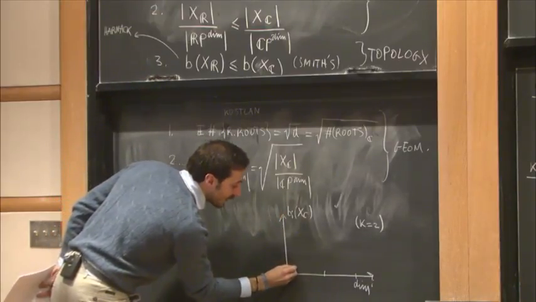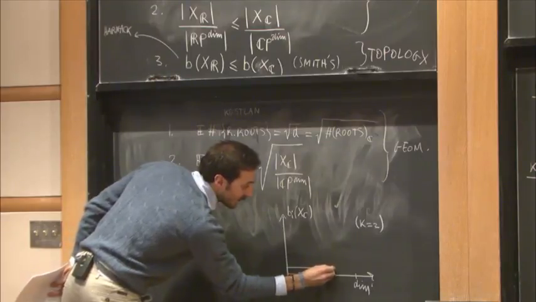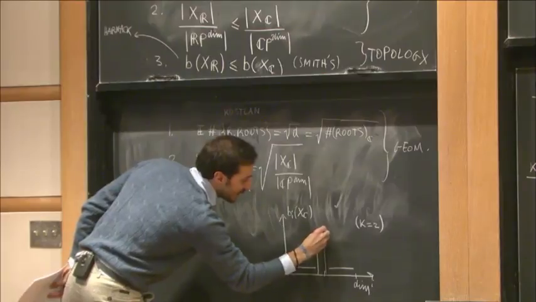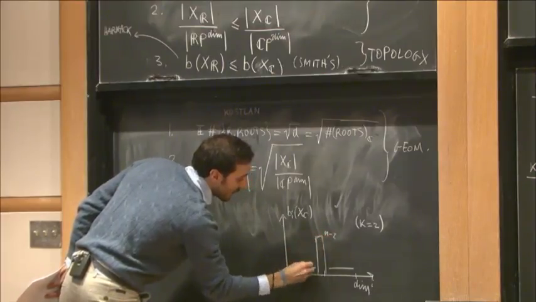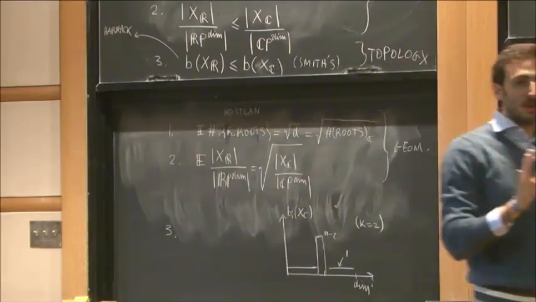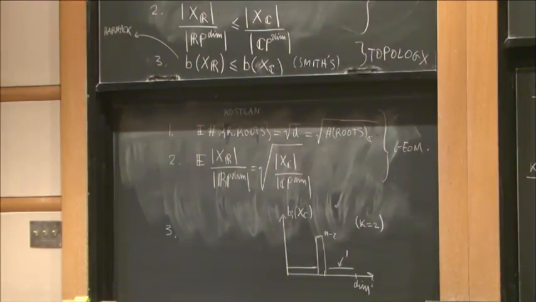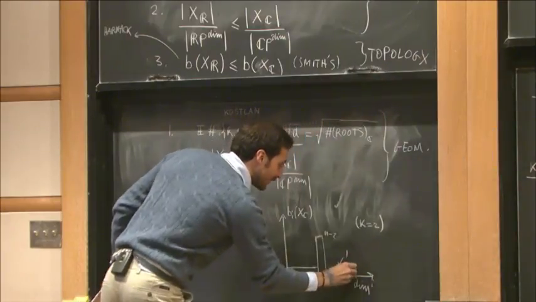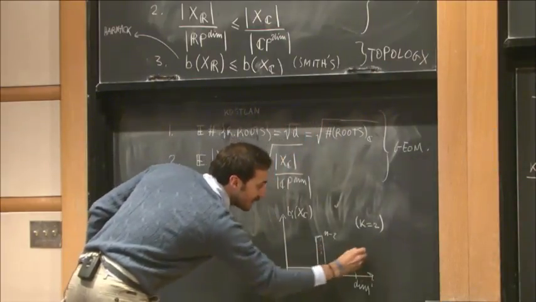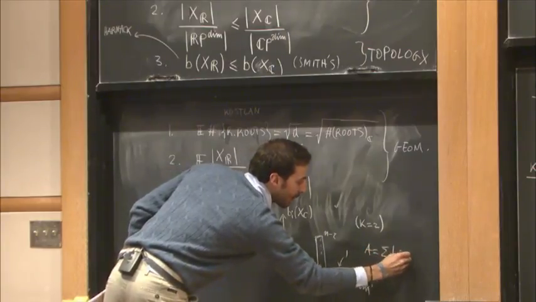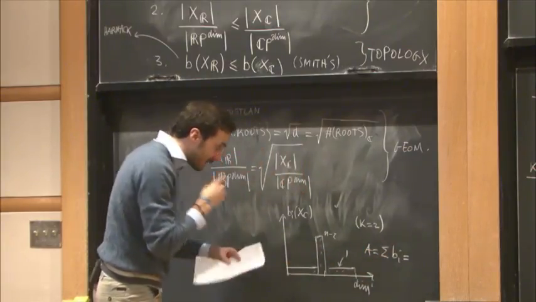How do they look? They're all ones, except the middle one, and the middle one is n minus 2. And here is 1. So if you give me two generic quadrics in CPN and you intersect them, then the area below this, which is the sum of the Betti numbers, is 2n minus 2.